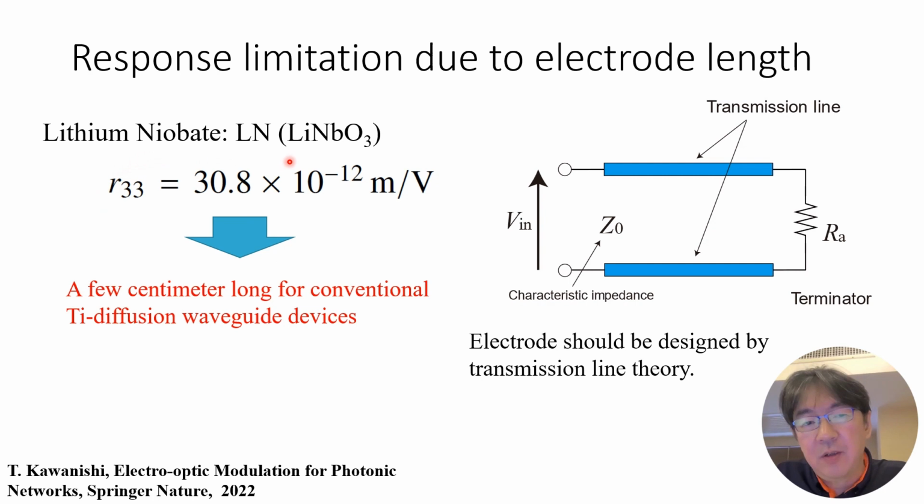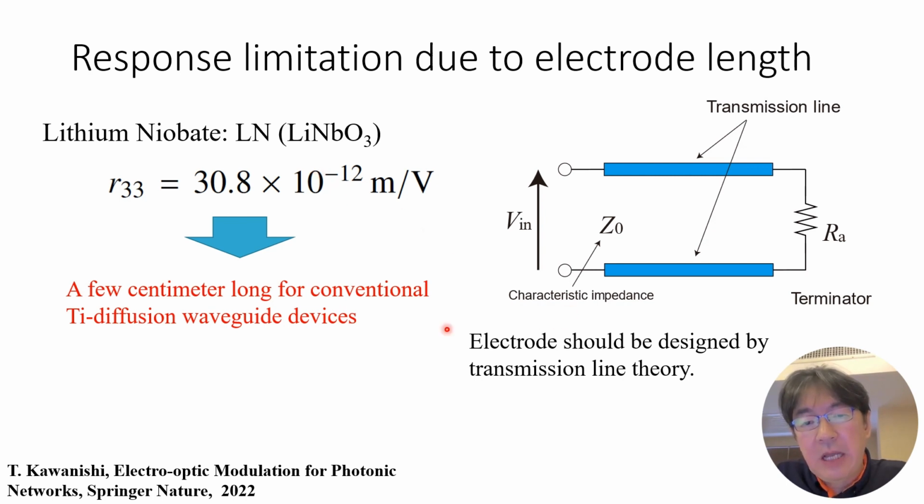If we compare the EO effect with other devices, lithium niobate has a large EO effect, but it's not large enough to make a small device. This is an issue of the EO modulator.